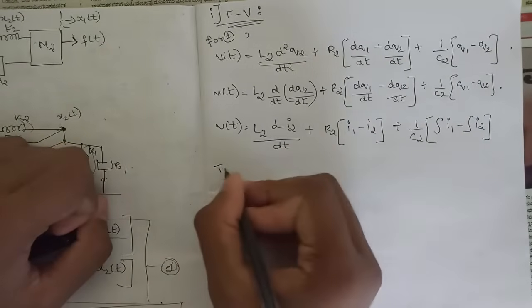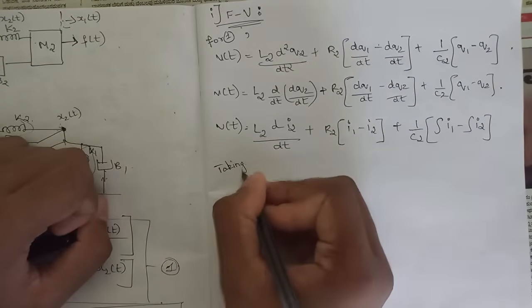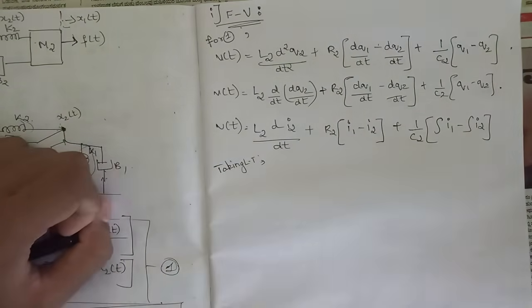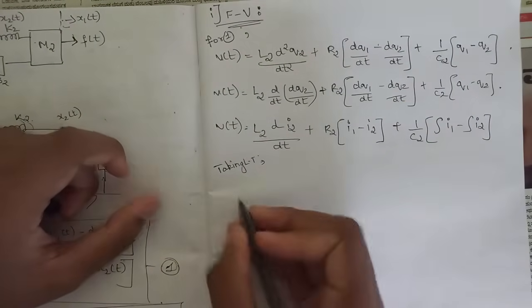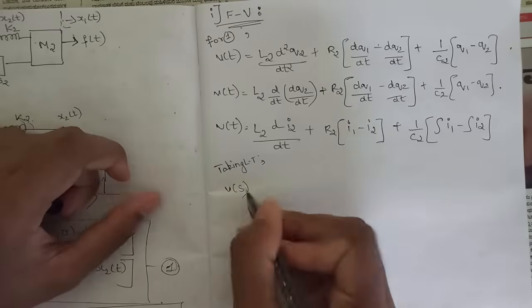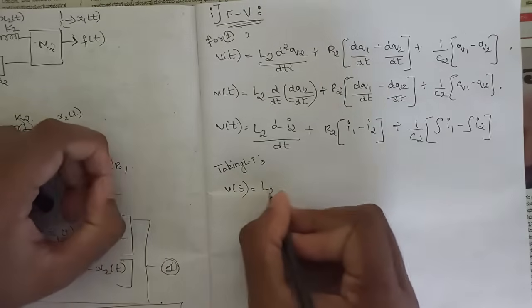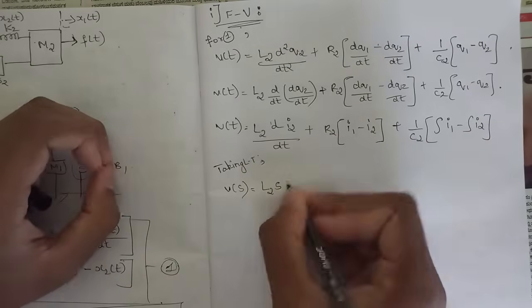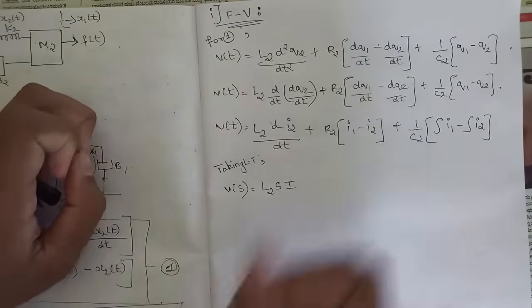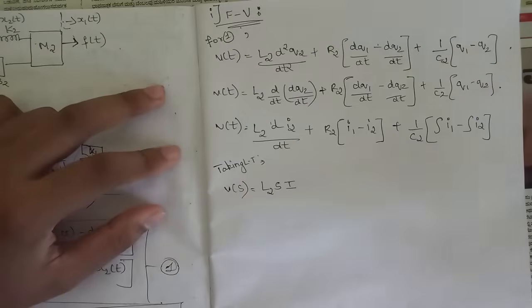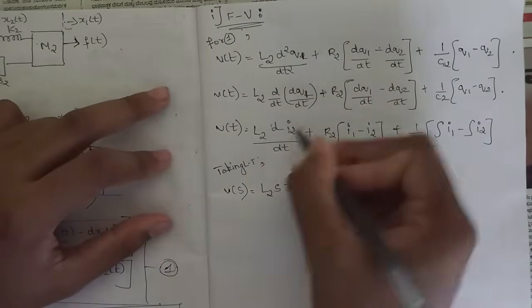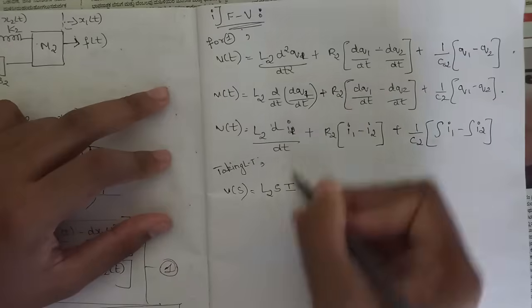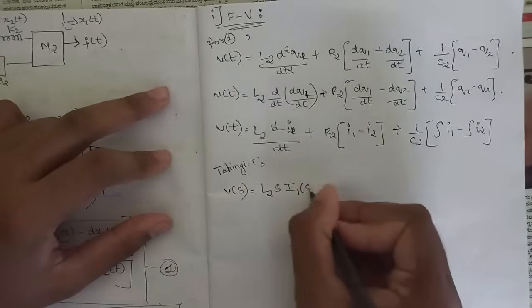So now for this equation you need to apply Laplace transform. Taking Laplace transform, V of t would be replaced by V of s, L2 and d by dt is replaced by s into I. Oh sorry, there is a correction here. This is not q2, okay? This is q1 everywhere. So this would be I1, so this is I1 of s.